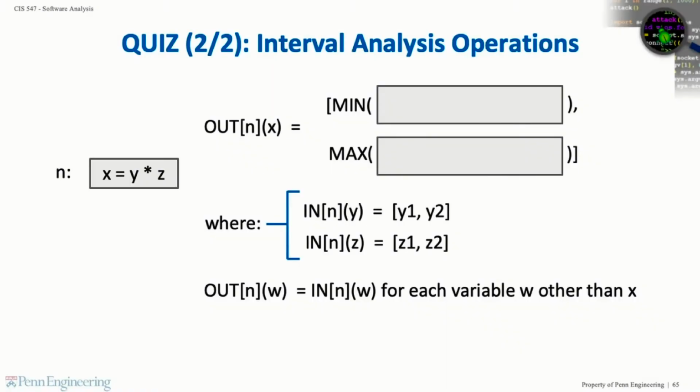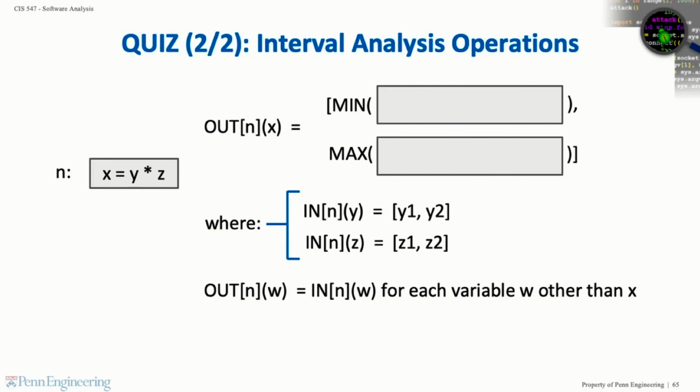In the second part of this quiz, let us look at a more complex arithmetic operation, integer multiplication. Write the lower and upper bounds of variable x at the exit of node n, which assigns the result of multiplying y and z to x. You are given the lower and upper bounds of variables y and z at the entry of node n, that is, y1 and y2 respectively for variable y, and z1 and z2 respectively for variable z.